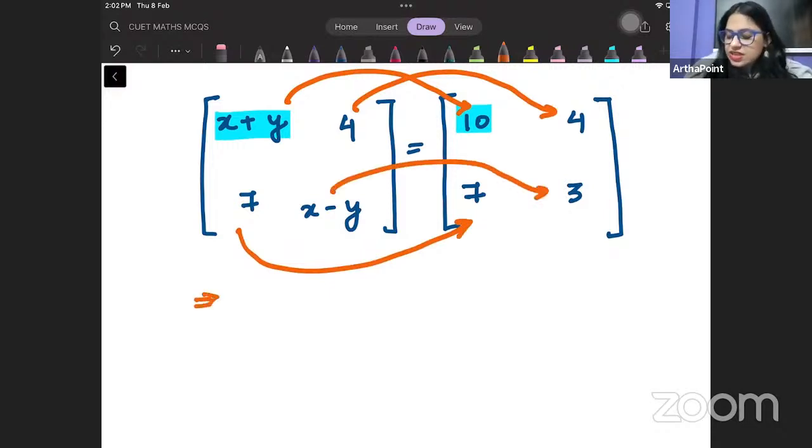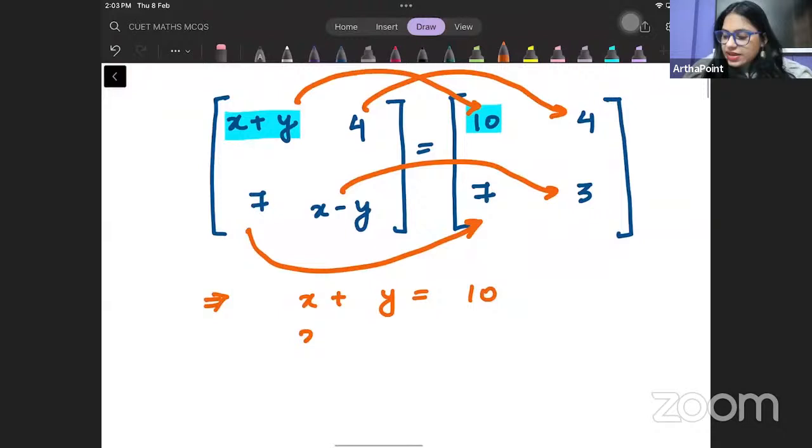So we can say that okay, x plus y na, that will be 10, and we can say that x minus y na, that will be 3.